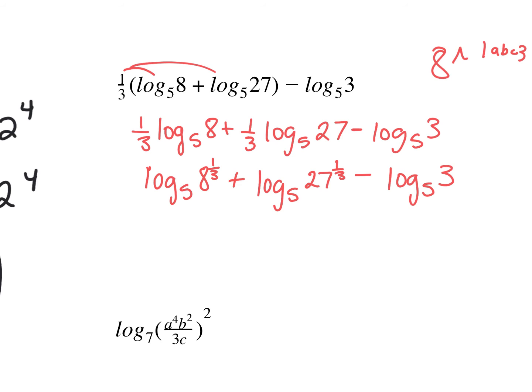You got 2? Yeah. Good. So this is log base 5 of 2. What about 27 to the 1/3? 3 minus log base 5 of 3.